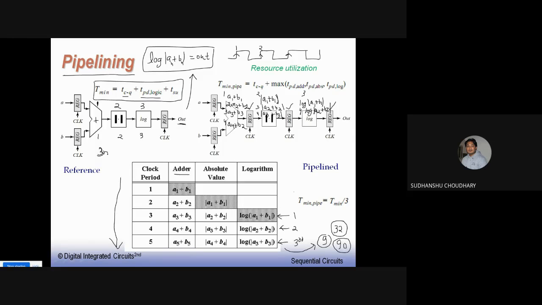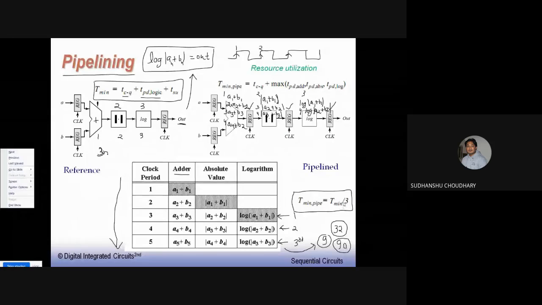So one can say that the minimum clock period for a pipeline system is 1/3 of the clock period required for a non-pipeline system. So that means the pipeline system is faster. So that's how the pipeline works.